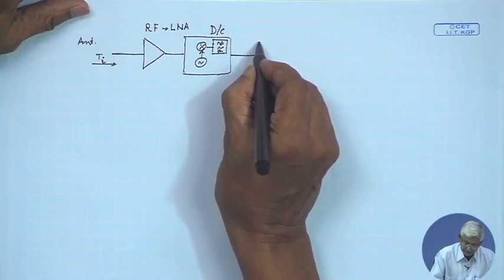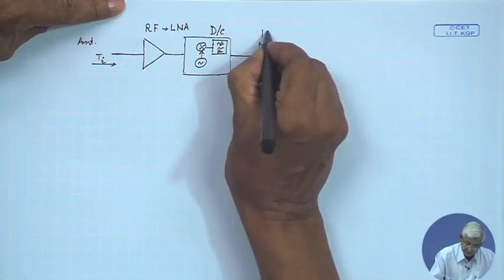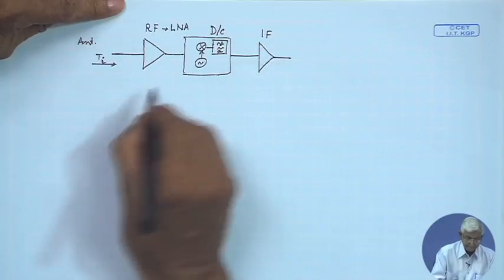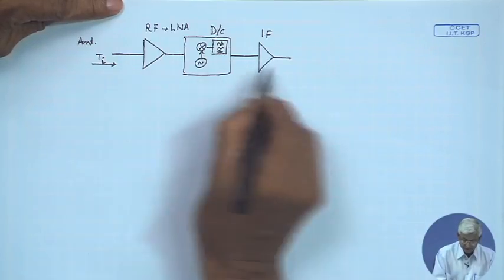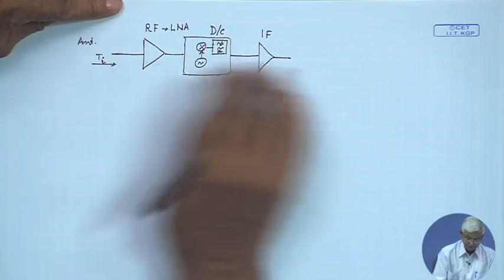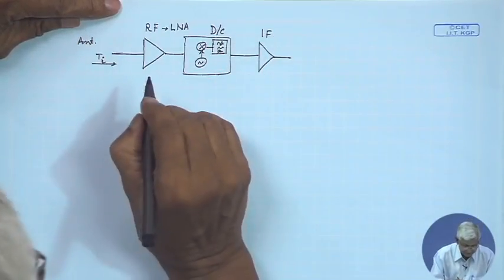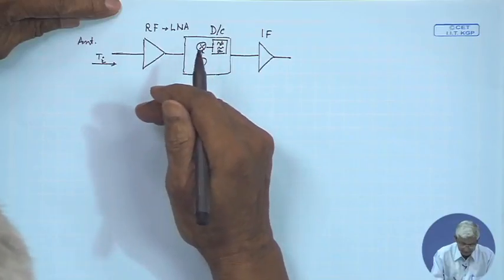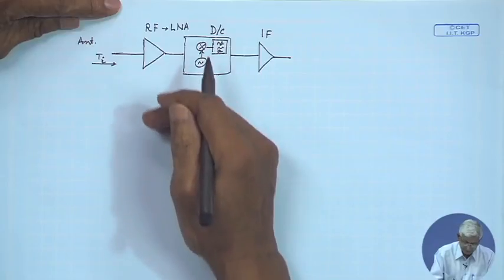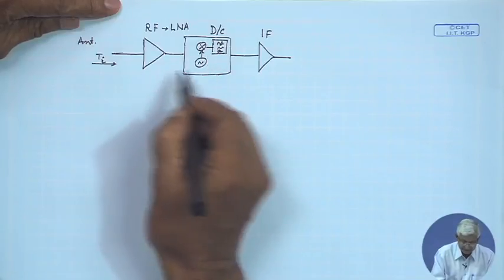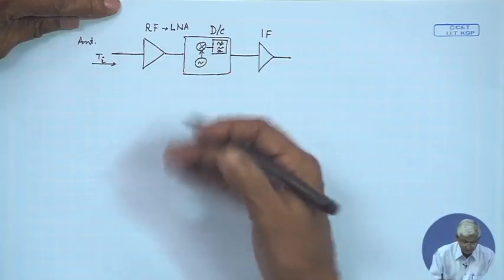Then the down converted signal has to be amplified by an amplifier, which is the IF amplifier. Now, selection of the gain and noise temperature of each of them, assuming all of them operate in the same bandwidth, is very important. I will pose a couple of problems with different numbers by changing their gain and temperature, and you will find the effect.